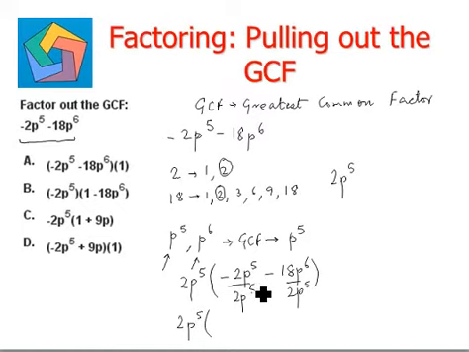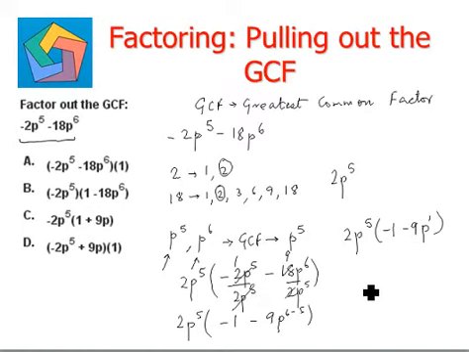Inside this becomes 1 and this becomes 9. p to the power of 6 divided by p to the power of 5 is 9p to the power of 6 minus 5. So we are finally left with 2p^5 times (minus 1 minus 9p to the power of 1). We can pull out a negative 1 from the parentheses. So negative 2p^5 times (1 plus 9p). This is the final answer and can be seen in option C.